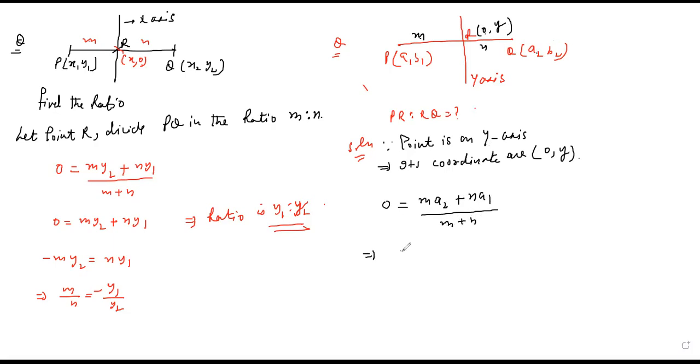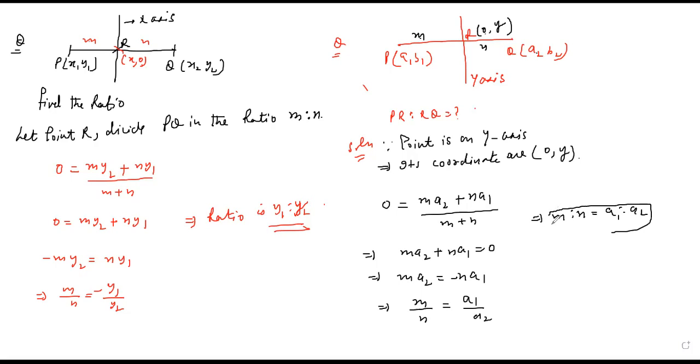Cross multiply, which implies m over n, which implies m ratio n is equal to a1 ratio a2. This is the required ratio. So PR is to RQ is A1 is to A2.